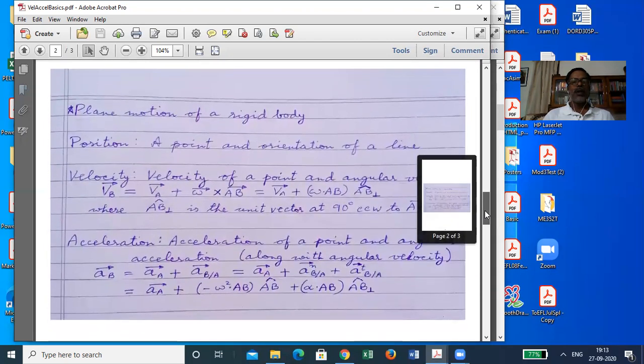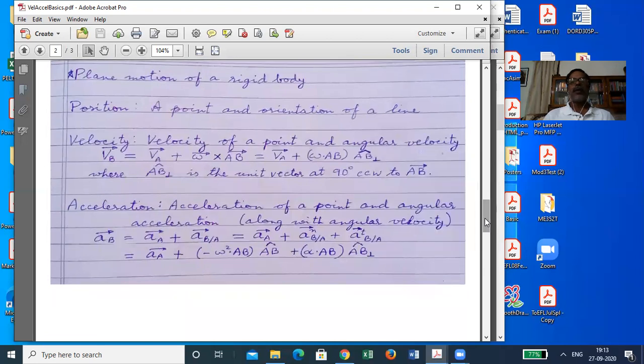How do you get velocities and accelerations of one body from another body, or from one point to another point within a rigid body? That is the first important point. So to specify the position of a rigid body completely, we discussed earlier that you need the location of one point and orientation of a line.